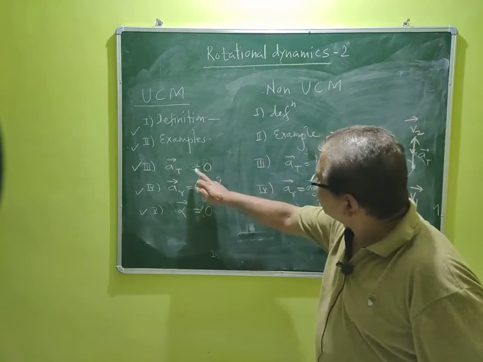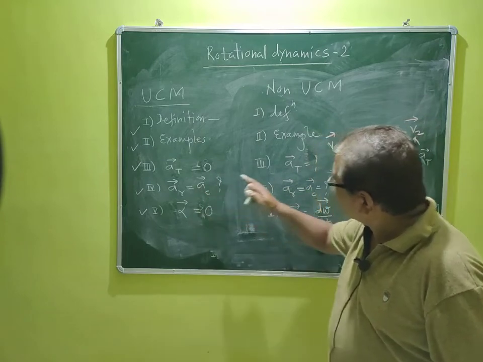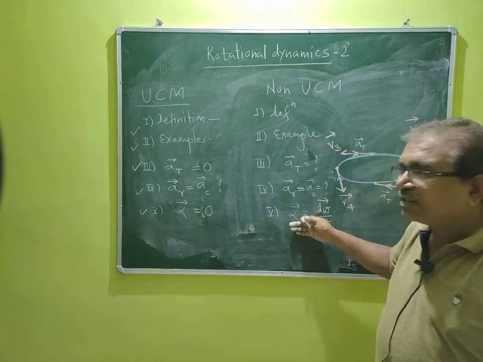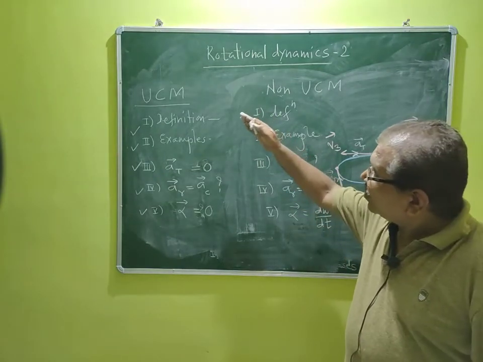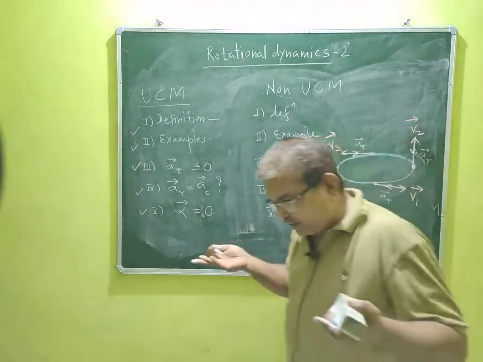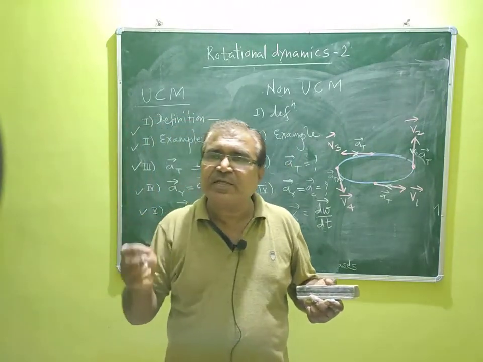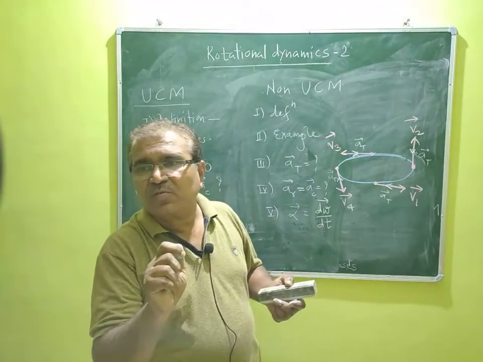What is tangential acceleration? What is radial acceleration? What is angular acceleration? By explaining these 5 points in short, we can easily distinguish. So this is your homework, guys. Distinguish between uniform circular motion and non-uniform circular motion.